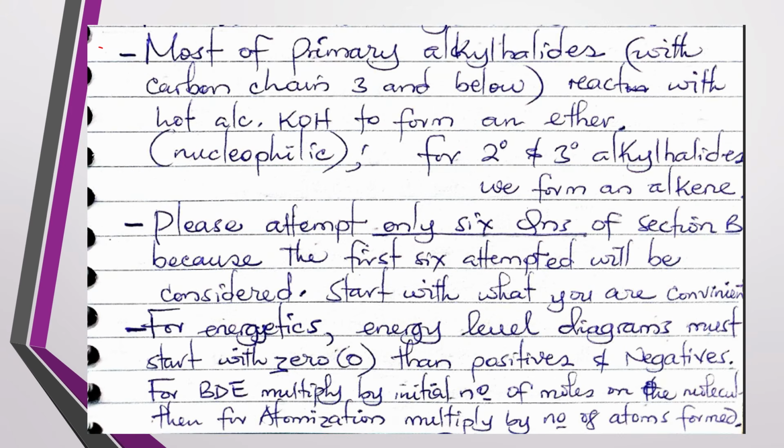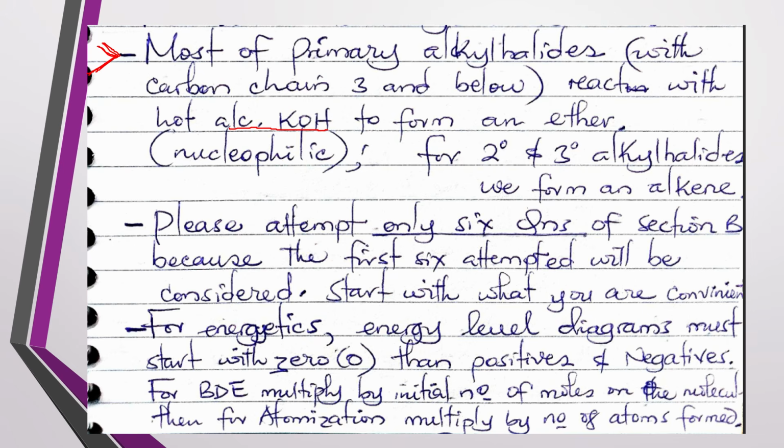Now here I'm going to make a note that I already emphasized before in my organic chemistry revision videos. Most of the primary alkyl halides having 3 carbon atoms and below, when they react with alcoholic potassium hydroxide, we don't form alkenes. We form ethers, provided the chain is having 3 and below carbon atoms.